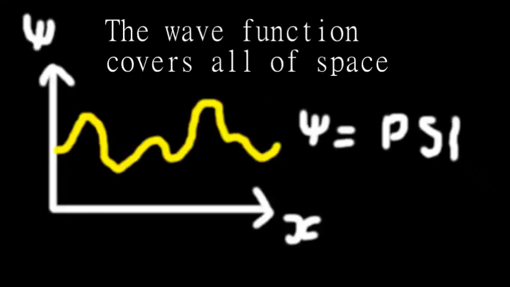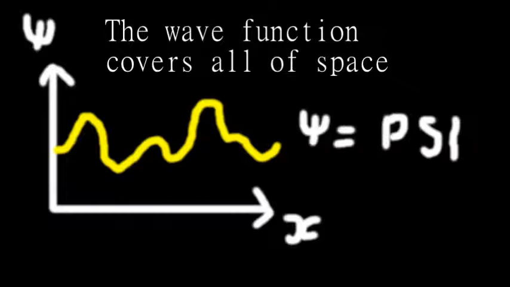Now, wave function's just a name given to it for now. Just go with it. But it's called a function because for every point in space, we can get a tiny piece of the wave function. And so when we know the wave function for all of space, it means we know all of the system.